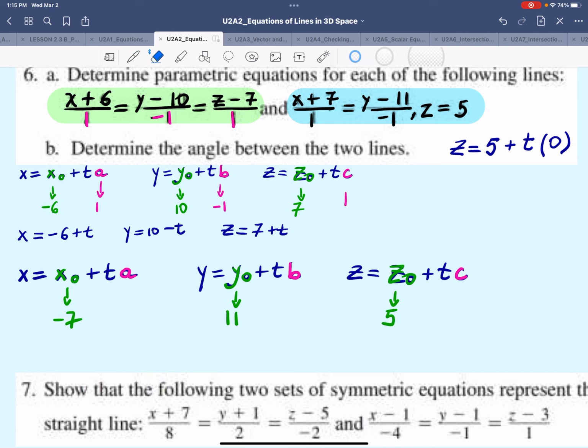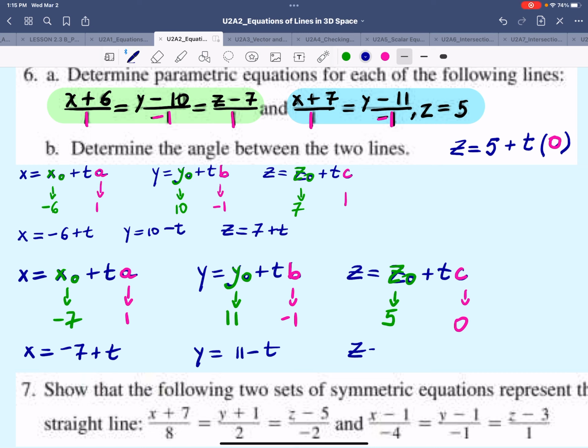So the direction vector will be given by the denominators, which are 1, -1, and then 0. Therefore, the parametric equations will be x equals -7 plus t, y equals 11 minus t, and last we're going to write z equals 5 plus 0t, so simply 5.